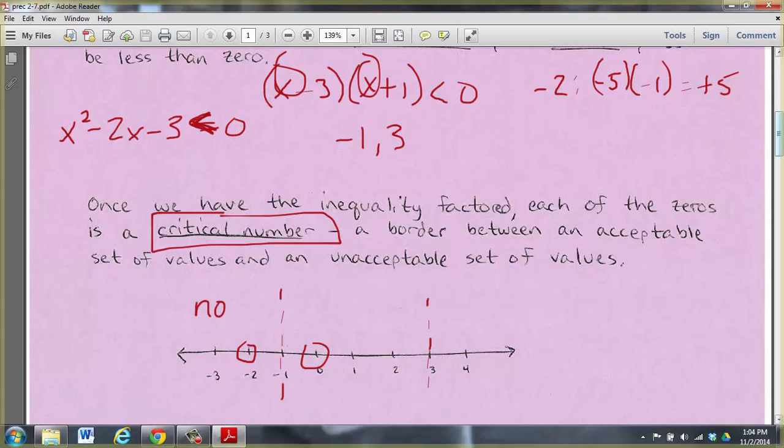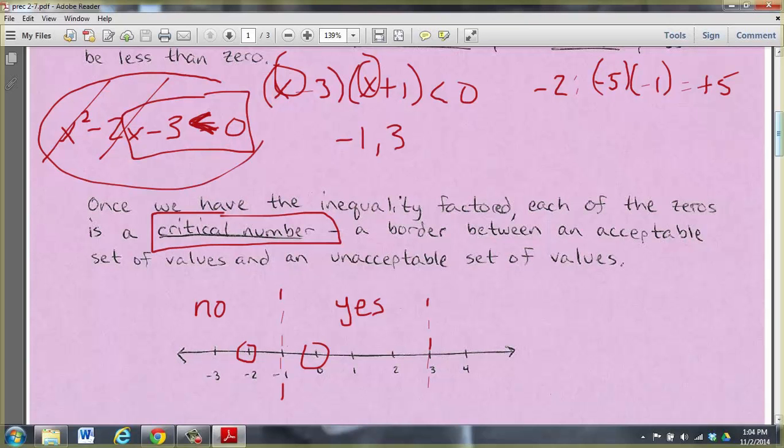You just have to say, oh, if it's 0, that's gone, that's gone. Is it true that -3 is less than 0? Yes, it is. So pay attention to whether it's easier to use the original equation or the factored equation. 0 is always easier to use in the original equation.